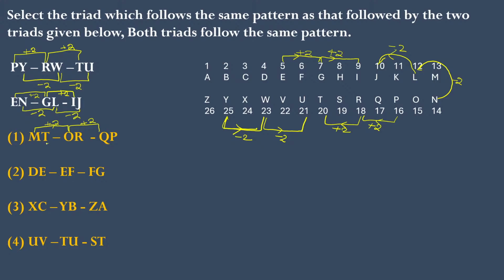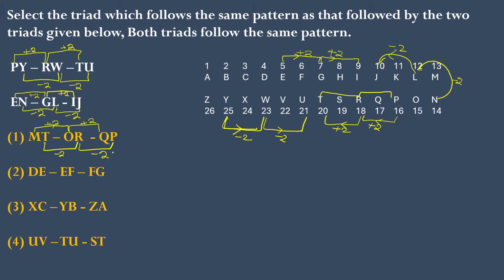So, T minus 2, you see here T is there, T minus 2 we get R. So, T minus 2 is correct. R minus 2, R minus 2 we get P.